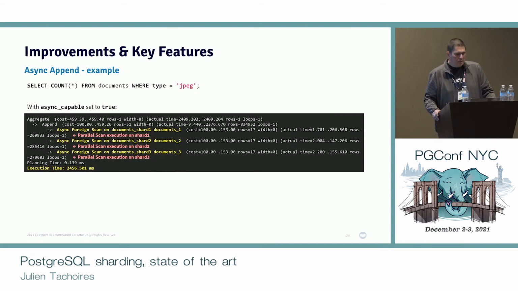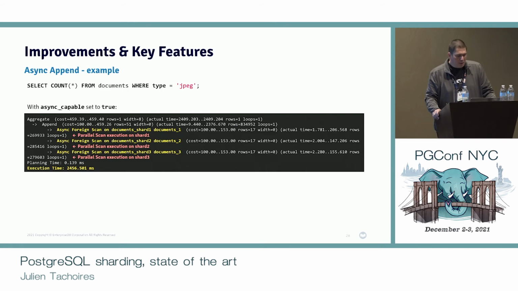Now, let's do the same thing, but with the async capable parameter set to true. In this case, instead of just foreign scans, we can see some async foreign scans issued, meaning that each scan is executed in parallel at the shard level.